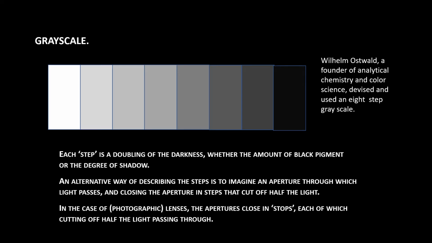Gray is an intermediary. And the steps taken, and you'll see this in the absorption when we talk about absorbance, are increments of 1/2 of the amount of transmitted or reflected light with each step. I'll outline this in a little more detail in the next slide.